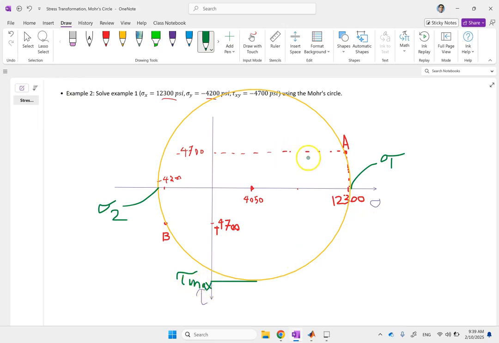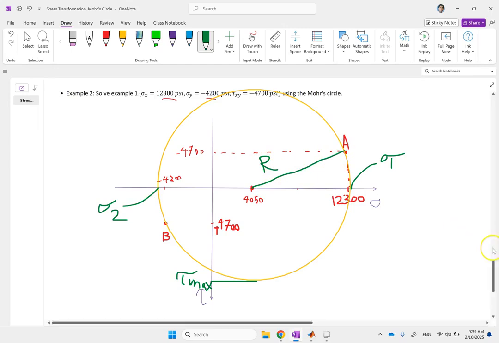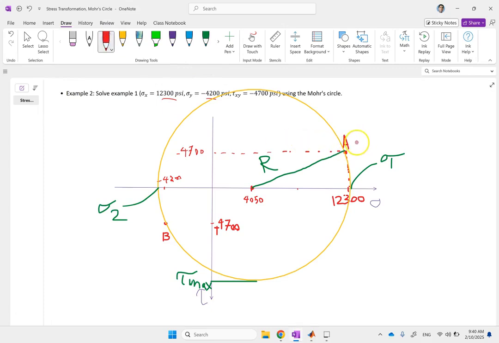So clearly, if I want sigma max, the first thing I need to do is to find the radius. And for radius, I need to find this distance from here to here. I need this radius, and it's not really hard to do because you know the coordinates of these points, correct? So if you know the coordinates of these points, you just can subtract and find it. So this radius is clearly going to be the square root of, this point has 12,300 and negative 4,700.